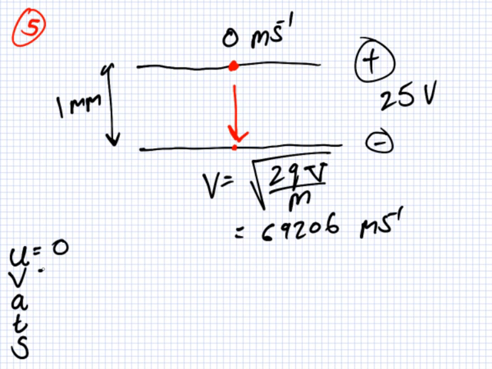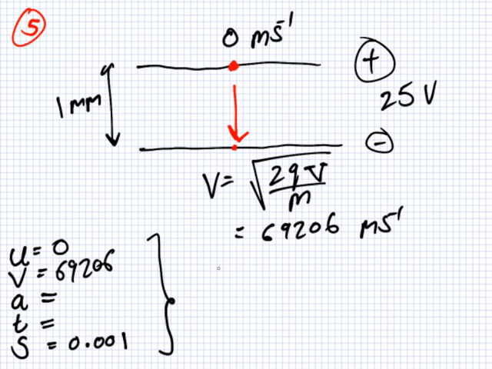U is 0, v is 69206, the a we don't know, the t is what we want, and the s is 1 millimeter, so that's 0.001. I'd use s equals ut plus a half at squared, but I don't know the a. Then v squared equals u squared plus 2as.